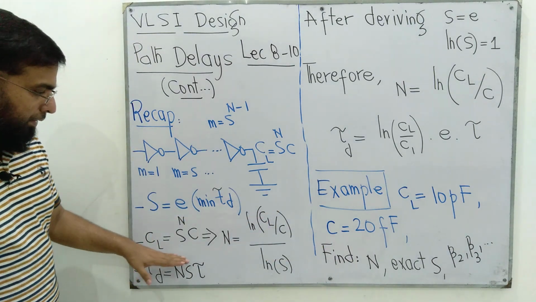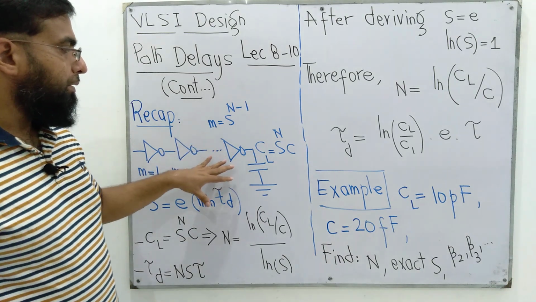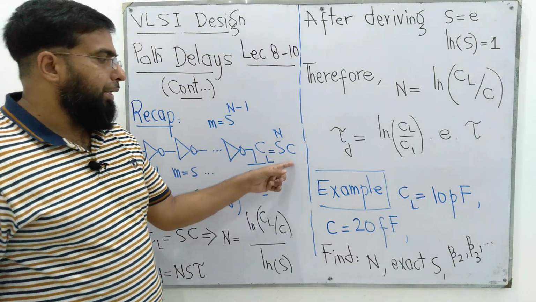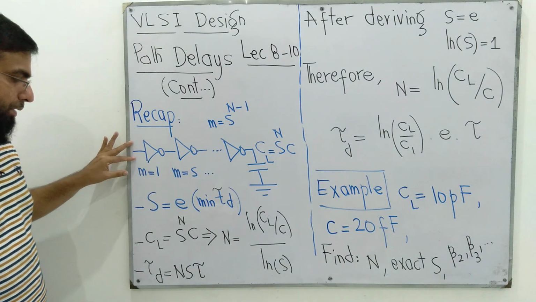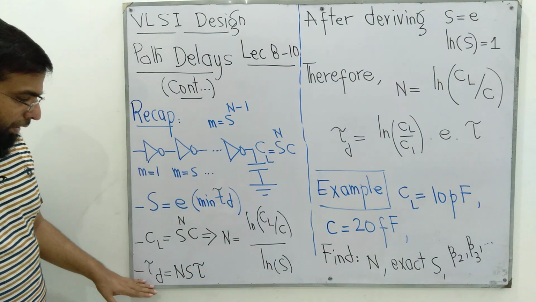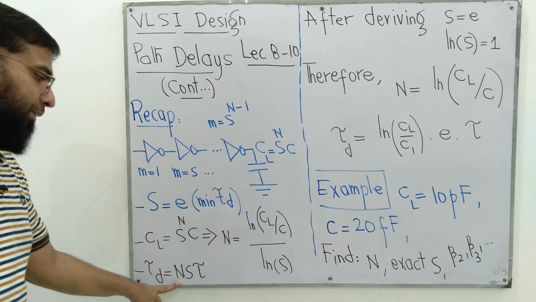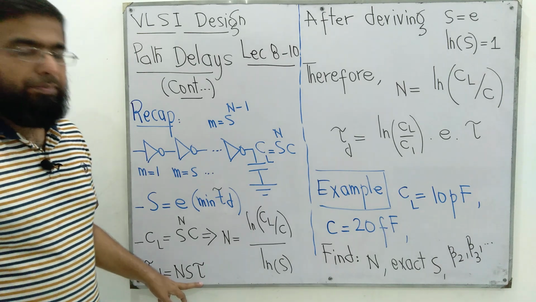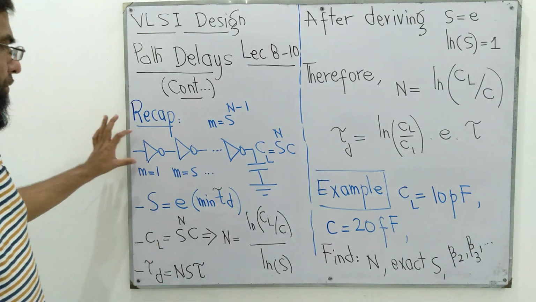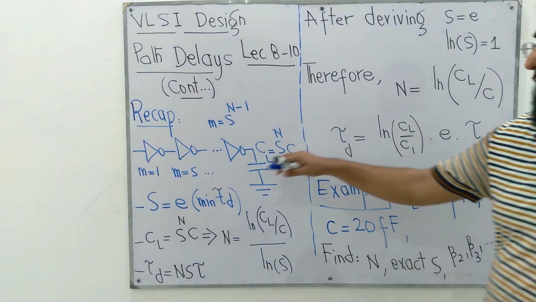CL is s to the n times C. The final load driven by the final inverter is s to the n times C, where C is the minimum capacitance, that is the input capacitance of this inverter. And the general expression for the total delay was n times the scaling factor times the rise or fall time delay of this first NOT gate.